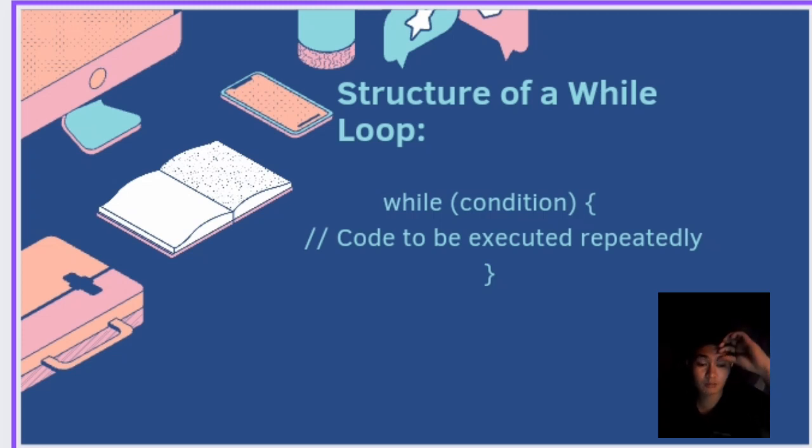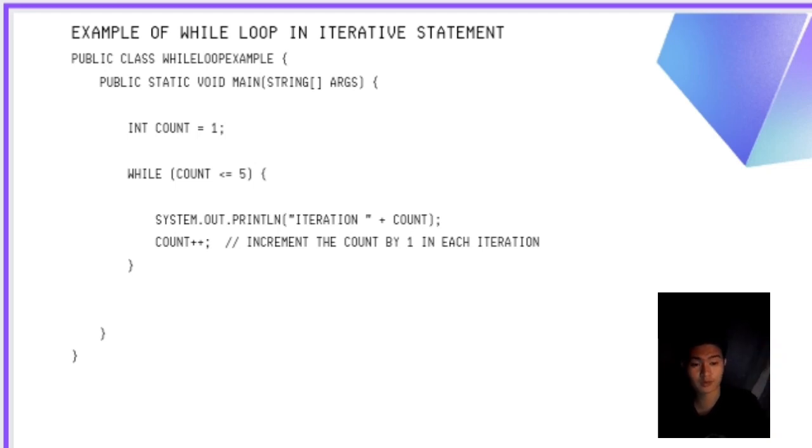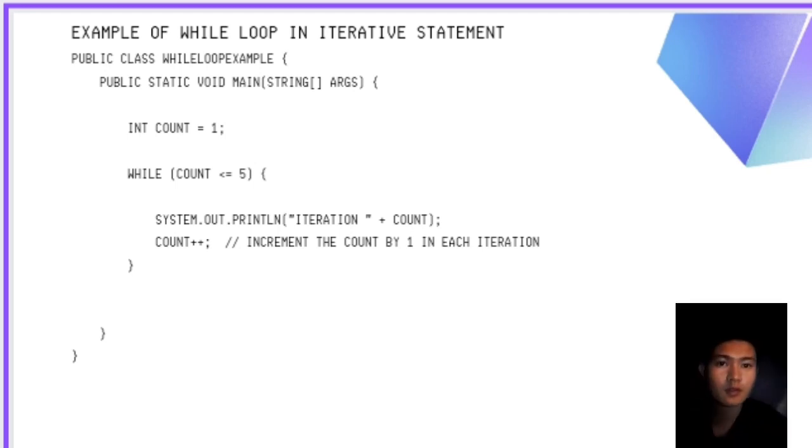So the example of a while loop in Java is this one. In this Java while loop example, the initialization is count = 0, where we initialize a loop control variable count to 0.